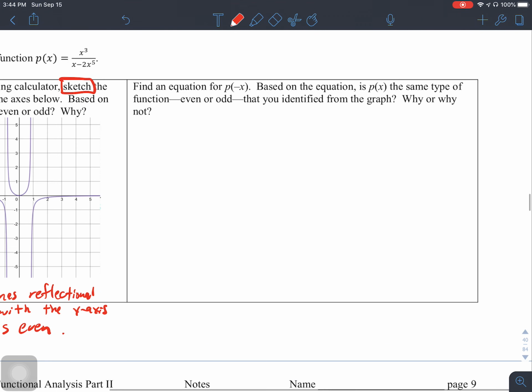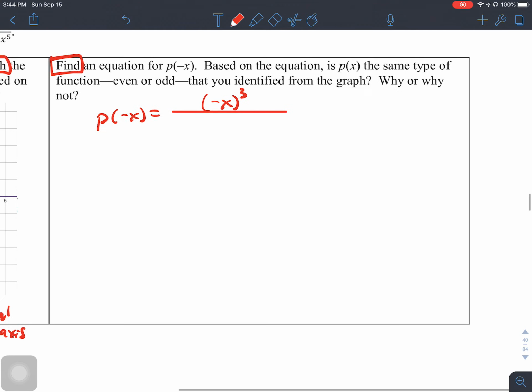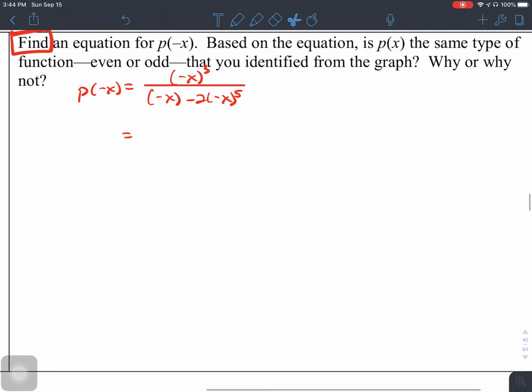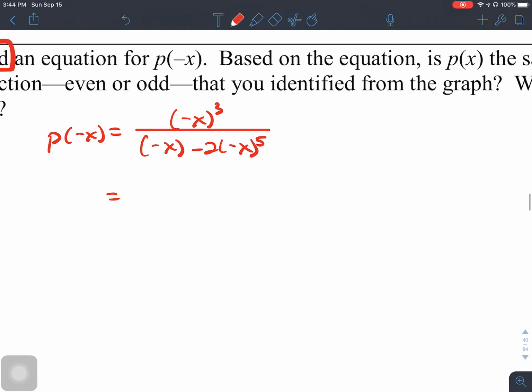Second part of this says, find an equation for p of negative x. Based on this equation, let's just do that first. Let's find this. So p of negative x was to take the function that we're given, replace every x with a negative. When you substitute, please use parentheses. If you take a negative to an exponent, and that exponent is odd, you're going to end up with a negative answer.